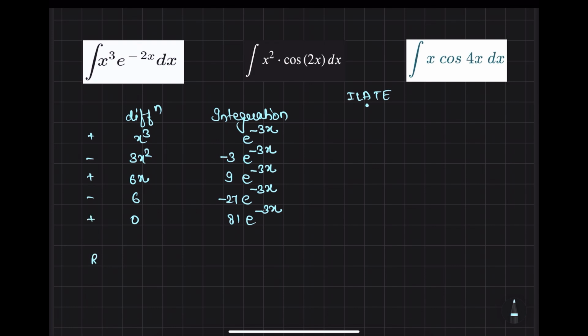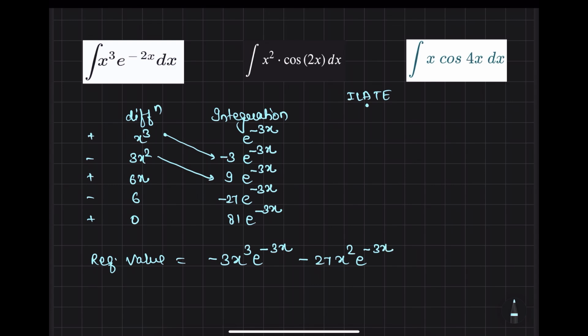Now write down the required answer. You will be writing this in the form of multiplication. It is plus x cube into this, so minus x cube e power minus 3x by 3. Then this with this: minus 3x square e power minus 3x by 9.